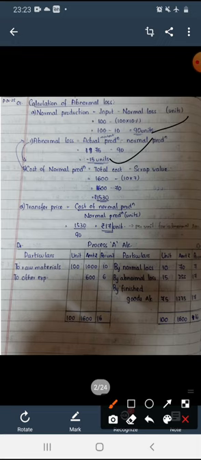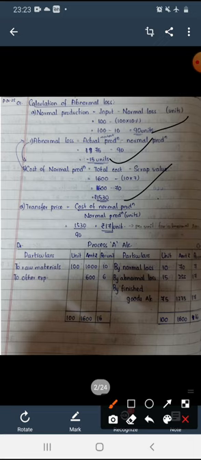How to calculate the scrap value? Scrap value for the normal loss: normal loss is 10 units, sold at 7 per unit. 10 into 7, so scrap value is 70. 1600 minus 70 is 1530. This is the cost of normal production.